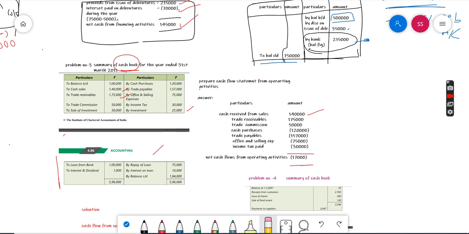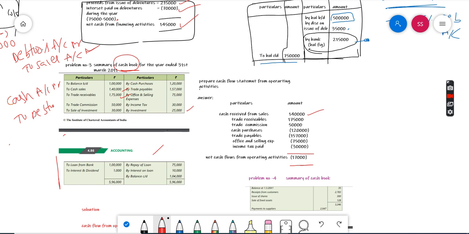So in the cash book it is 'to debtors'. But when you have sold the goods, you would have written debtors account debit to sales account. When you have sold the goods on credit basis, you would have written this general entry. When you have received the money, you would have written the other general entry, right?